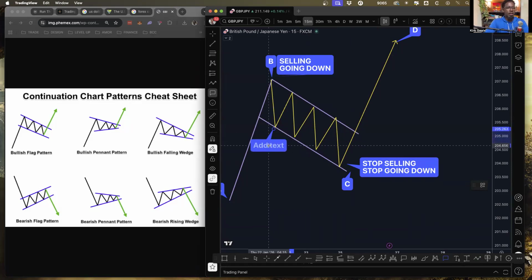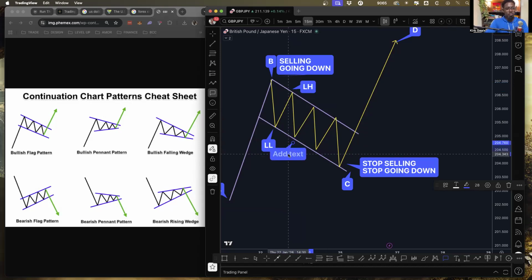All right, higher highs and higher lows. Awesome. And then the downtrend is going to be a series of lower lows and lower highs. Cool.